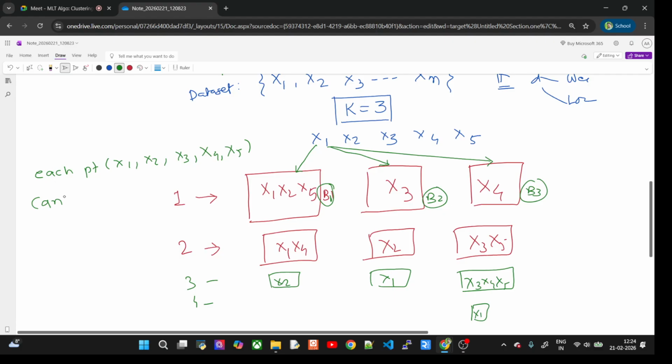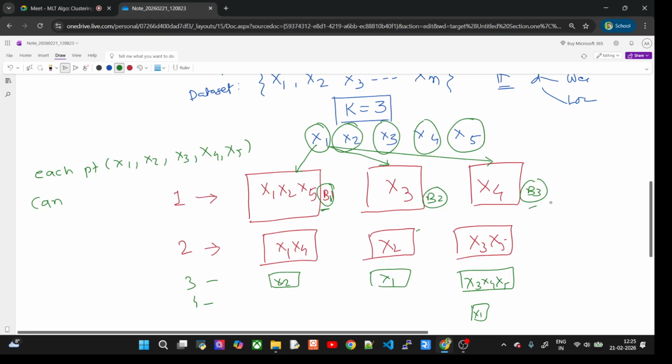Like in the first attempt, I ask you, okay, Murli, can you put the 5 items, x1, x2, x3, x4, x5, into the 3 boxes? You will go and put x1 into box 1. Next time someone comes, Tejaswini comes, she puts x1 in another box, when her time comes, in box number 2. When the third person comes, they put it in another box.